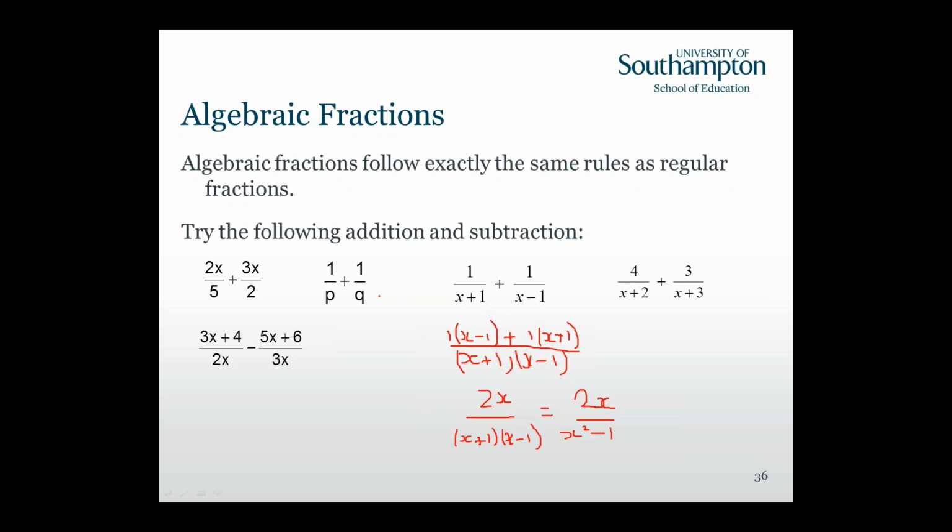So it is just applying the same process that we've always done to fractions, but it's just that they are letters, that's all. And Matt, have you done this one over here? Yeah, I've got 7x plus 18 over x plus 2 times x plus 3. Yeah, absolutely. I tend to leave the brackets as they are rather than bothering to multiply out.